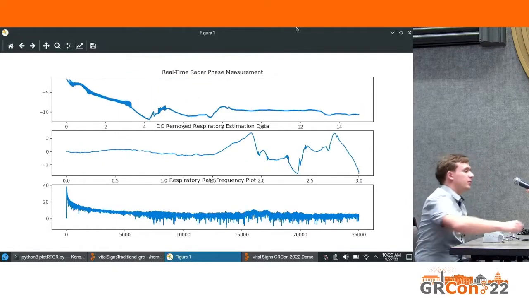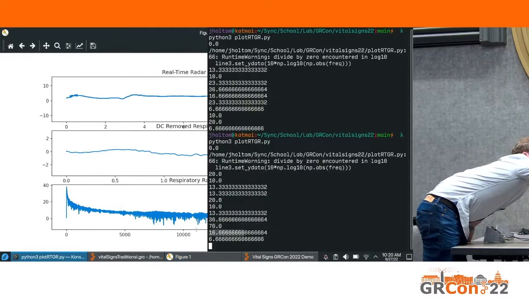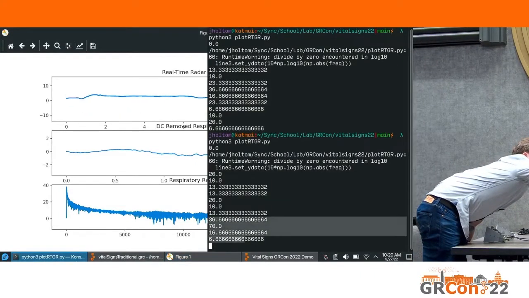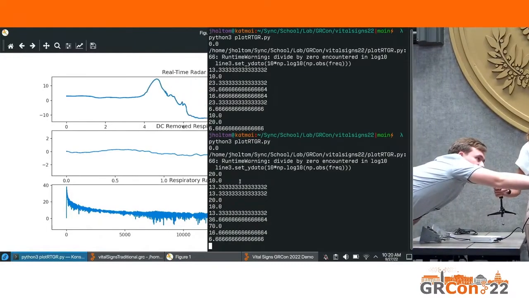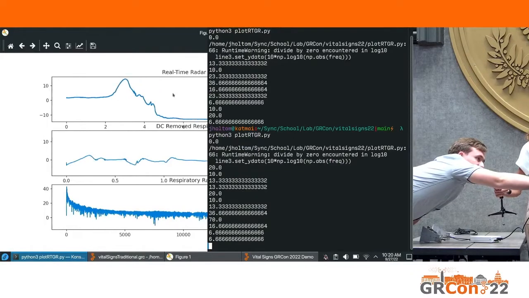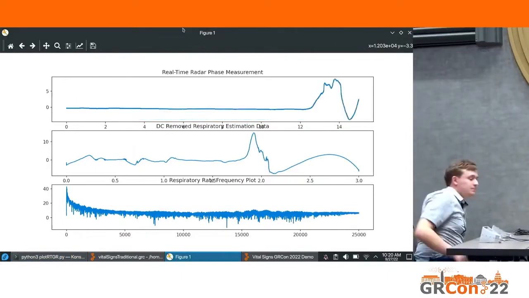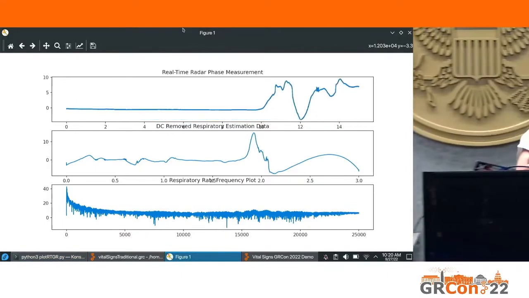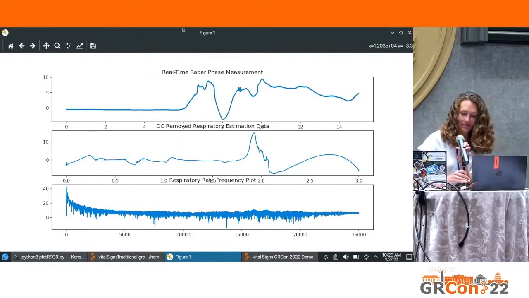If we flip over to the output, we'll see it's estimating somewhere between 6 and 16, and then my heart rate there at 70 during that period. Otherwise, it's just making estimates of my respiratory rate. So there it's just chugging along on stage. We'll keep that fired up for a minute, but try not to knock this over.